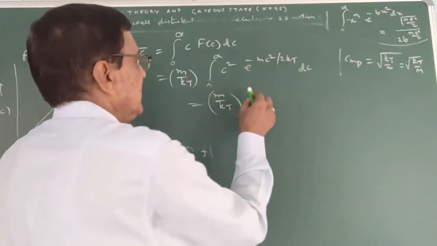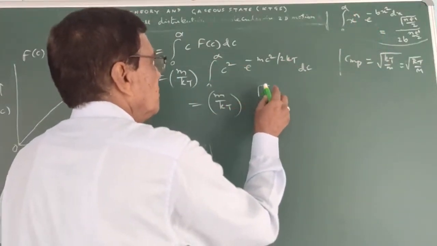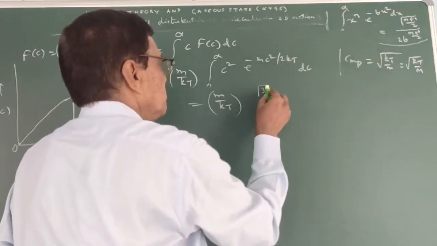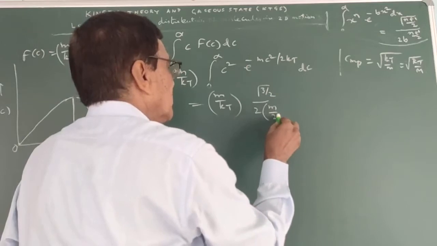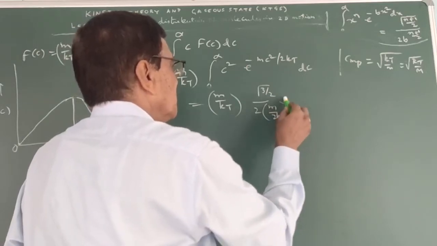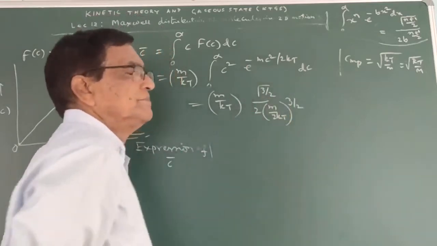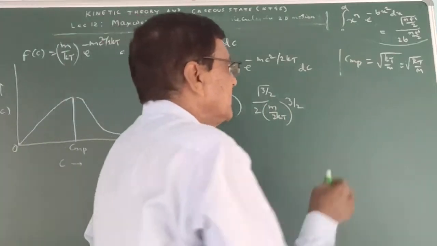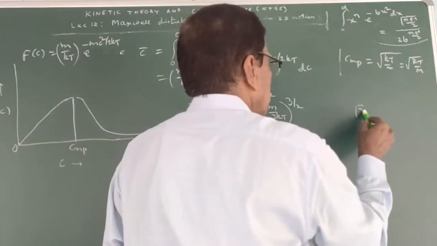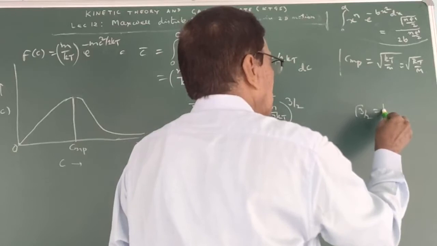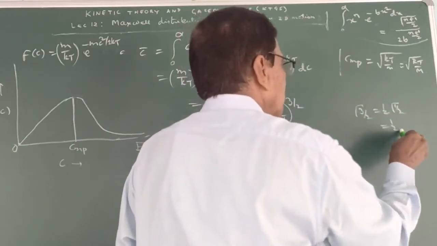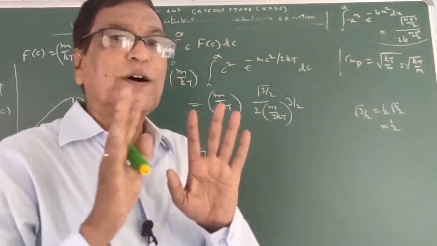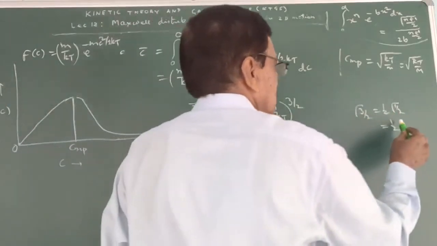So it will be gamma of (2+1)/2, that is 3/2, divided by 2 times (m by 2kT) to the power 3/2. And gamma 3/2 equals half into gamma half, and gamma half equals root over pi. So it is half root over pi.